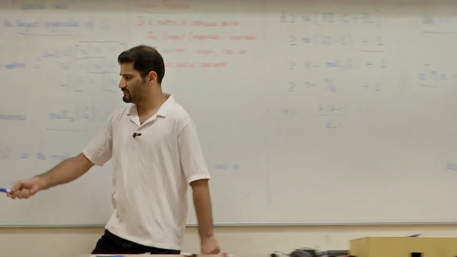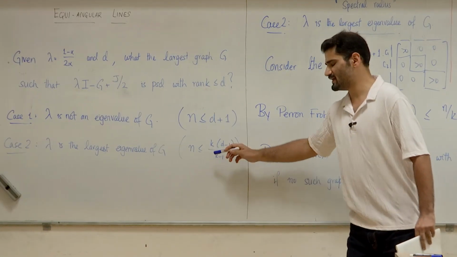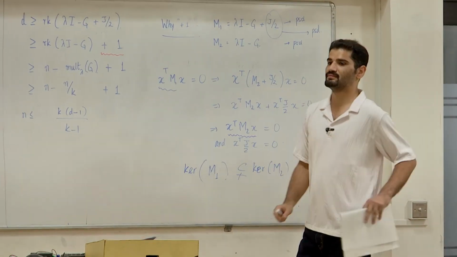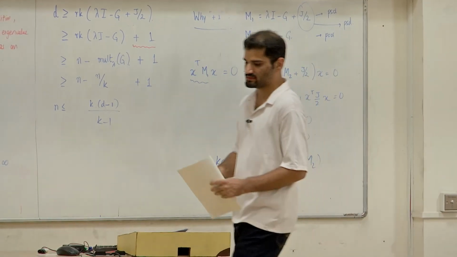My construction will give me exactly this. So it's not exactly this. For example, this may not be an integer, so there will be a floor or something, but it will give me that with a -1. Okay, but these are the two cases.